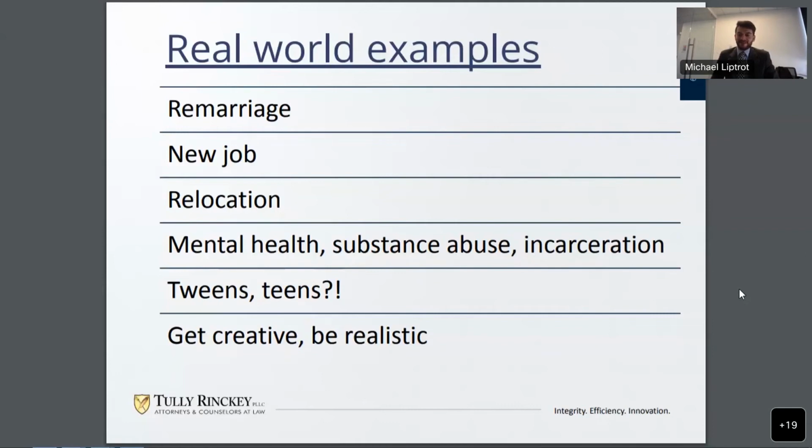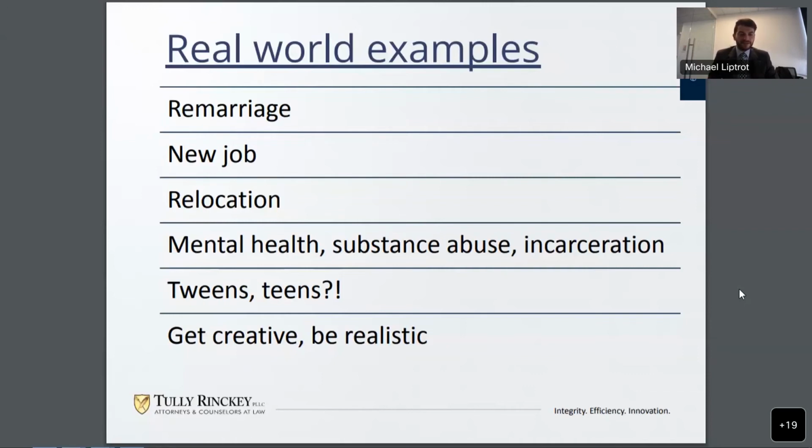And then, on the flip of that, you have some parents who are deeply unhappy with the arrangement, and every day is a struggle to deal with the other parent. It's a lot of little things, and it builds to a point where they just say, I need to ask the court for help. And you go back and look at the history, and it's just not enough.